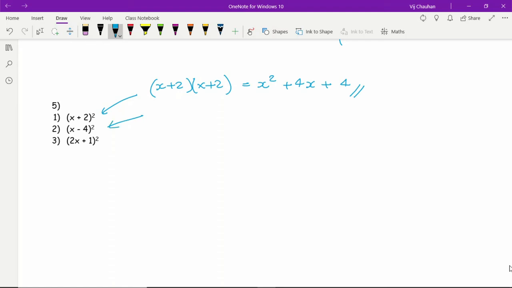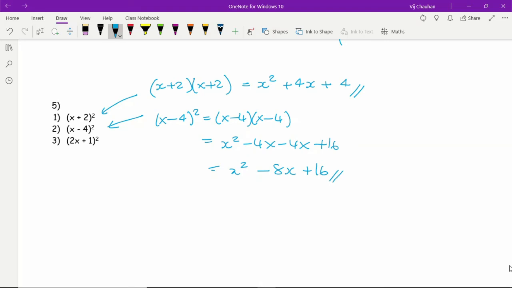For question 2, we've got x minus 4 squared, which equals x minus 4, x minus 4, which equals x squared minus 4x minus 4x plus 16, which gives us x squared minus 8x plus 16 as your final answer.